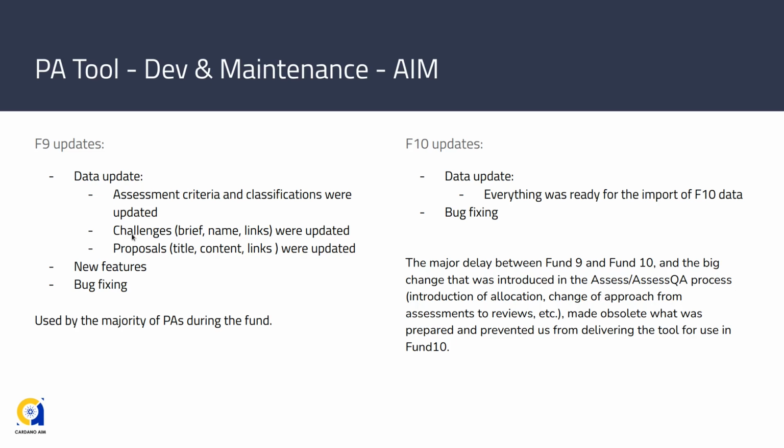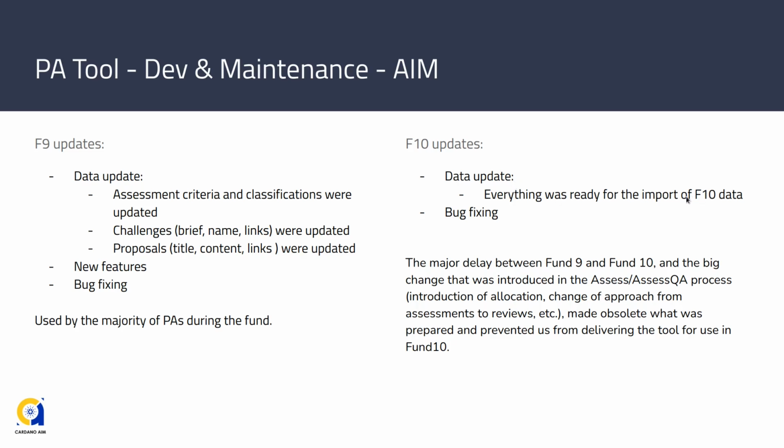For Fund 10, everything was ready for the data import of challenges and proposals, and the data structure was updated accordingly. We also fixed bugs based on the community feedback that we received. Unfortunately, there was a major delay between Fund 9 and Fund 10, and a big change happened in the Assess QA process with the introduction of allocations per reviewer and the change of approach from assessments to reviews and personal opinions.